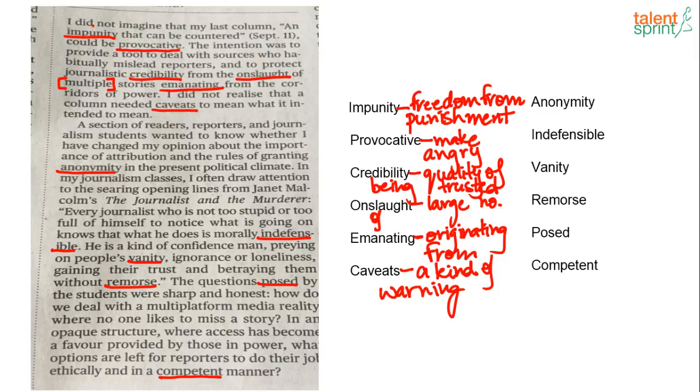So, if you read here, a section of readers, reporters and journalism students wanted to know whether I have changed my opinion about the importance of attribution and the rules of granting anonymity in the present climate.